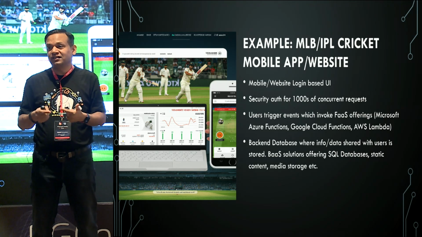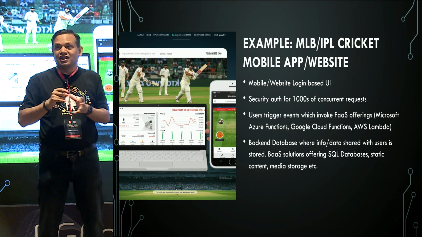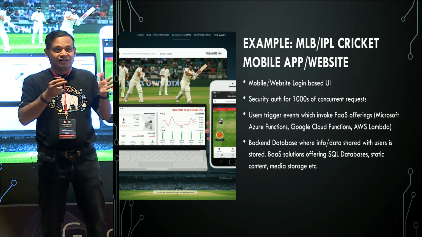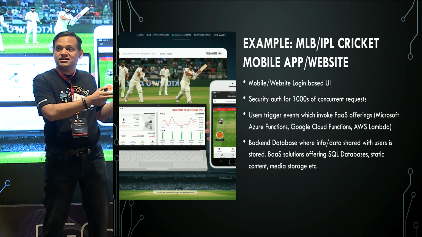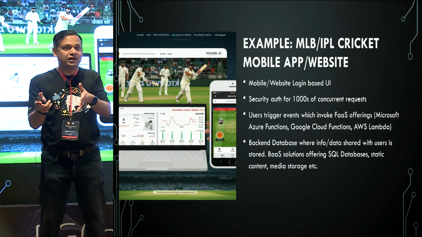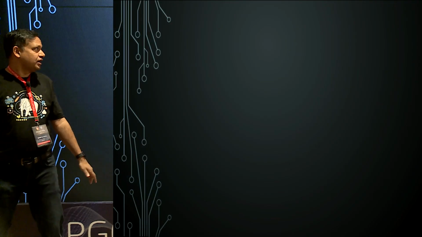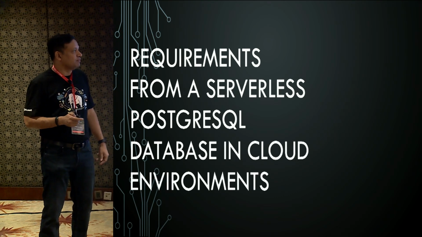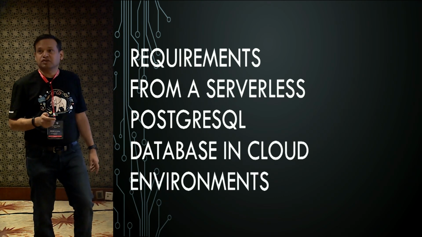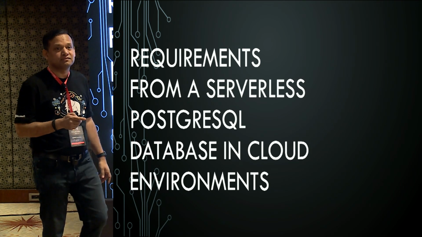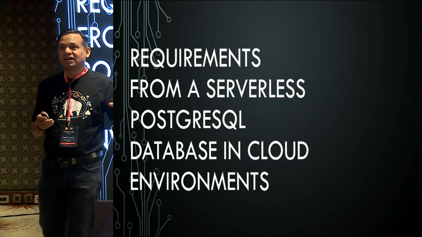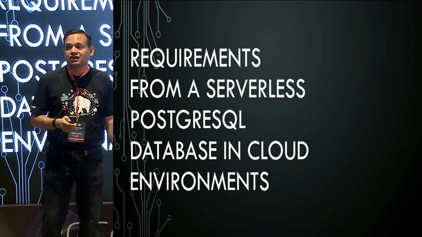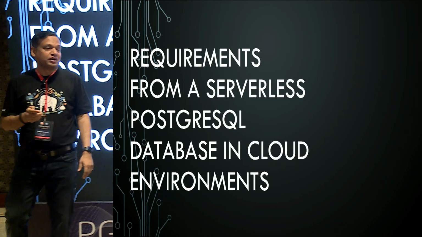And we have not had the opportunity to consider making any optimizations there, or see if we can get similar benefits of serverless with that database component. So let's see what might be the requirements of a serverless Postgres database. And obviously, this is all cloud specific, right? Because recall that serverless typically is a cloud deployment model.